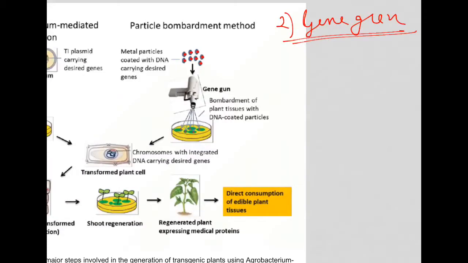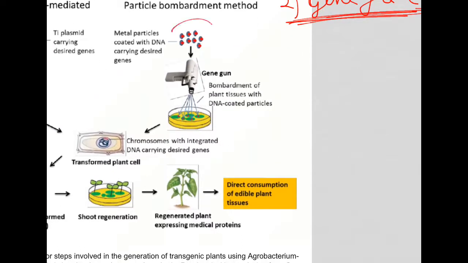The next commonly used method is the gene gun. This method was first used as a gene transfer technique in plants. The method is based on the principle of delivering DNA molecules coated with heavy metal particles like gold, silver, or tungsten.